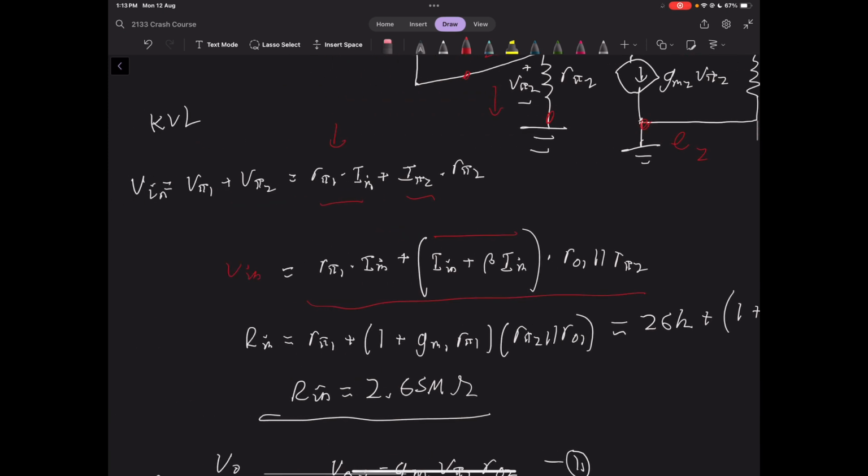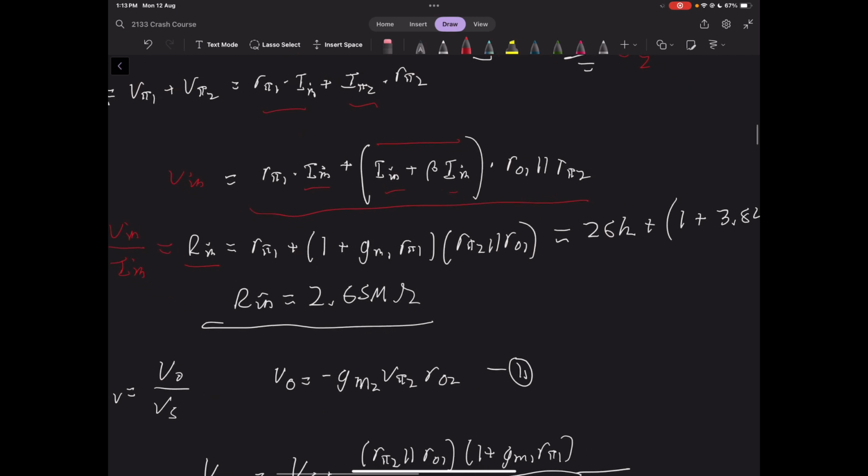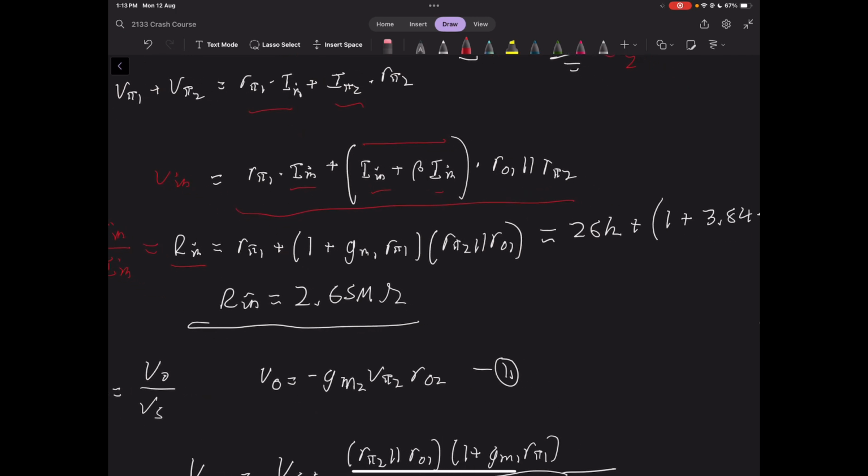And this is still equal to Vin, which means that we can say that Rin is equal to this, because Vin divided by Iin equals that. Again, all of these terms are now in terms of Iin, so we can literally factorize that out and divide both sides, and that must be equal to Iin. So you can see here, 1 plus gm R pi. I've just replaced beta with gm1 R pi 1.